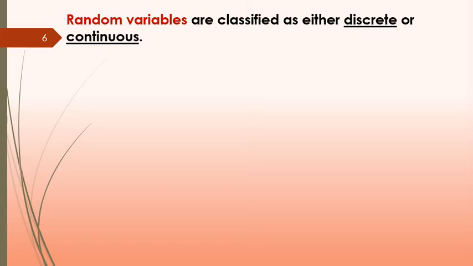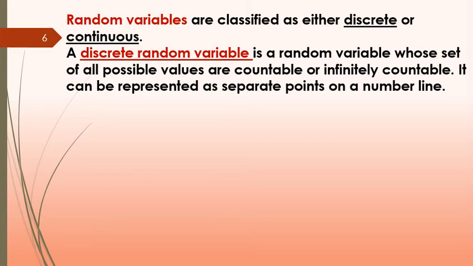Random variables can be classified as either discrete or continuous. So how could we determine if this is a discrete random variable or a continuous random variable? Let us define the discrete random variable.